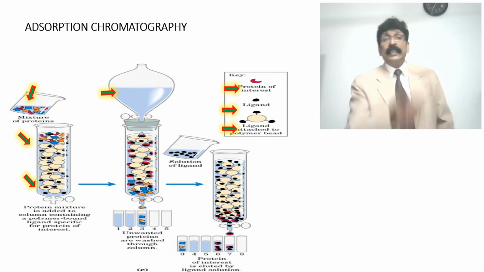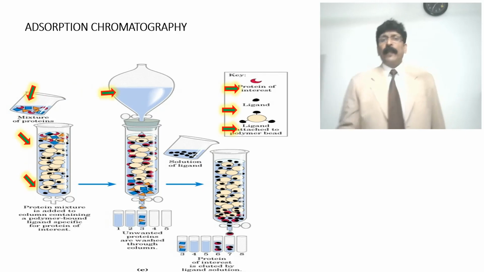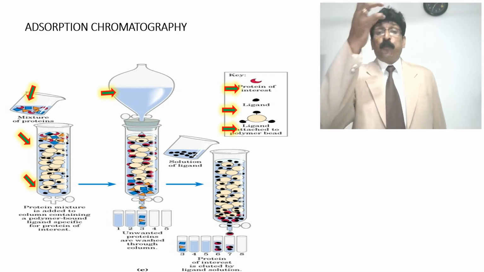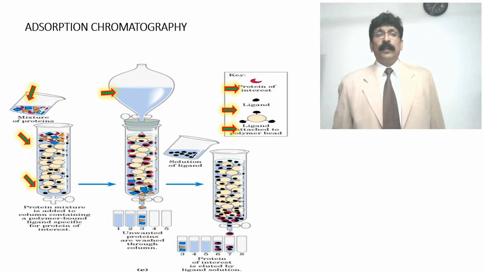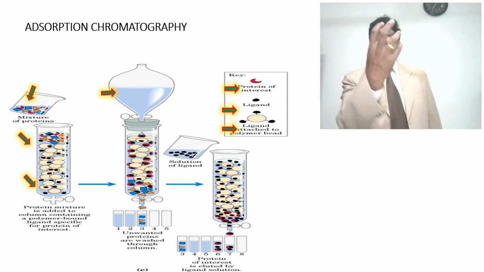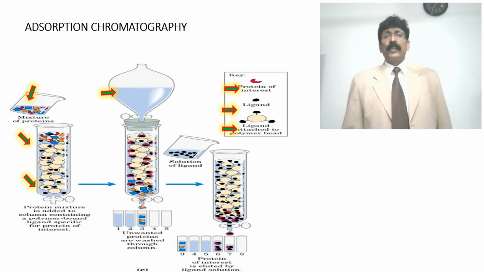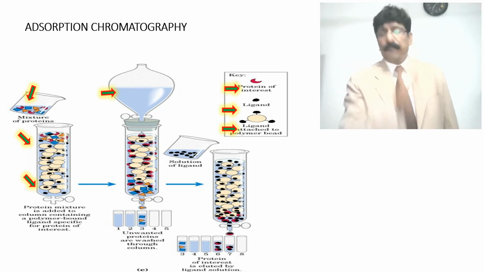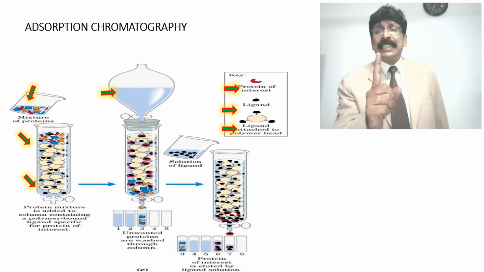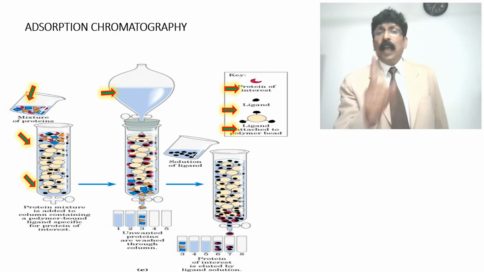This is the reservoir which contains a solvent, a common solvent, which is used to make a flow through the column, through the stationary phase. That one is called the mobile phase. So now the student should know what is mobile phase, what is stationary phase, and what is eluate.